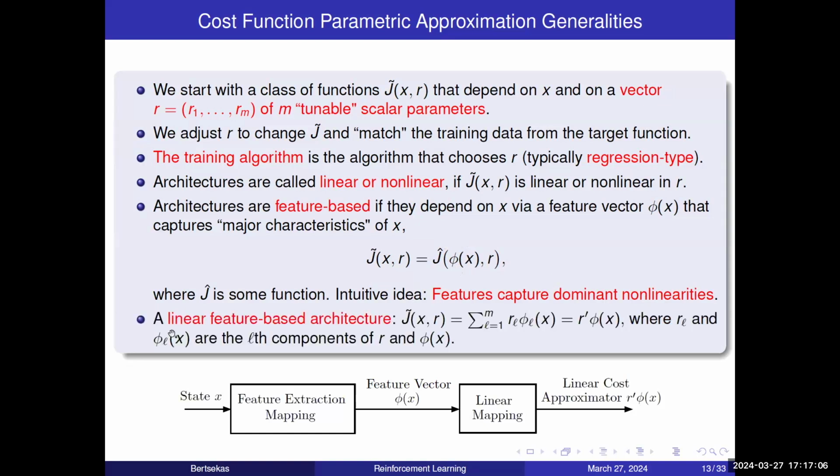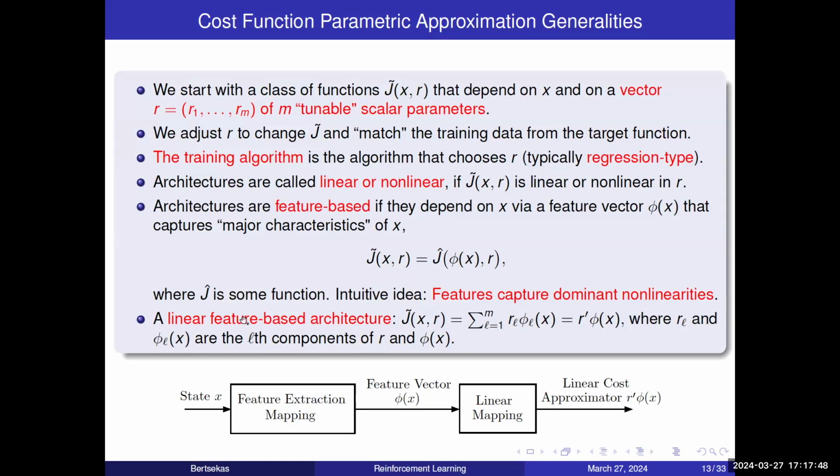In particular, a linear feature-based architecture looks like this. Given a set of M features, phi L, the cost function is the linear sum of the features, where the parameter R L is the parameter we aim to train. It can be viewed as the inner product of two vectors R and phi of X, where R L and phi L are the L-th components of those two vectors respectively.